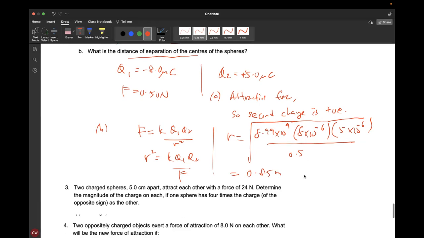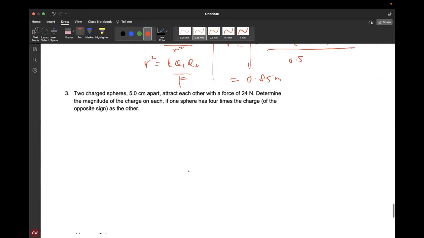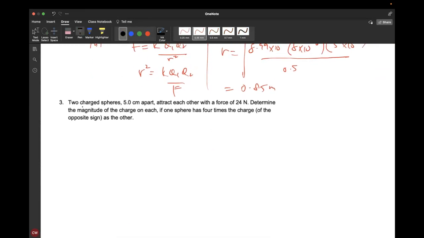Victor. Two charges separated by 5 cm. Force 24 Newton. Determine the charge on each one, if the charge of one of the spheres is 4 times another one, Q2 equal to 4 Q1.